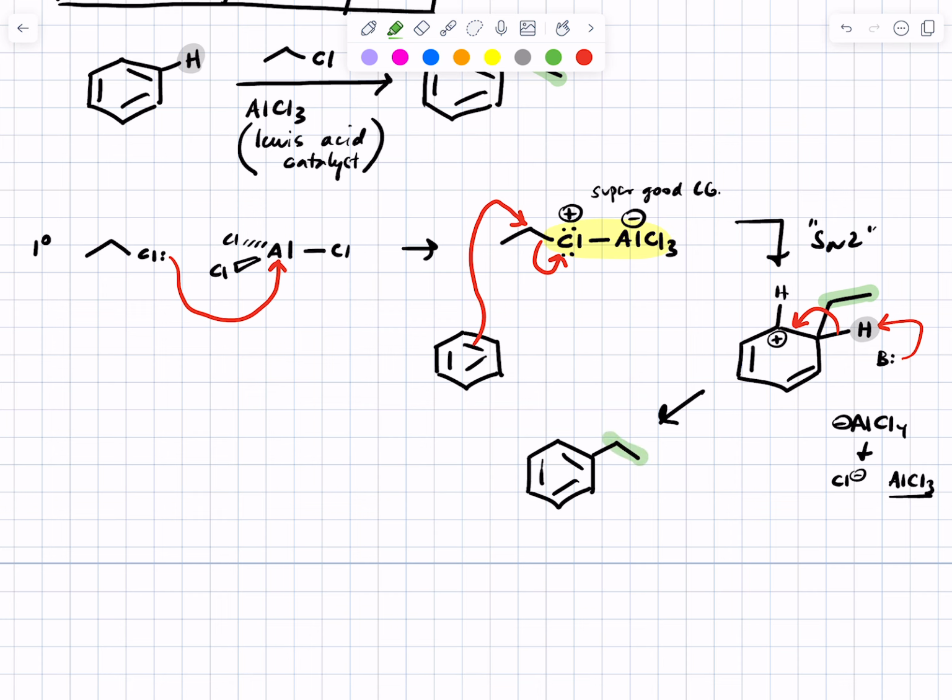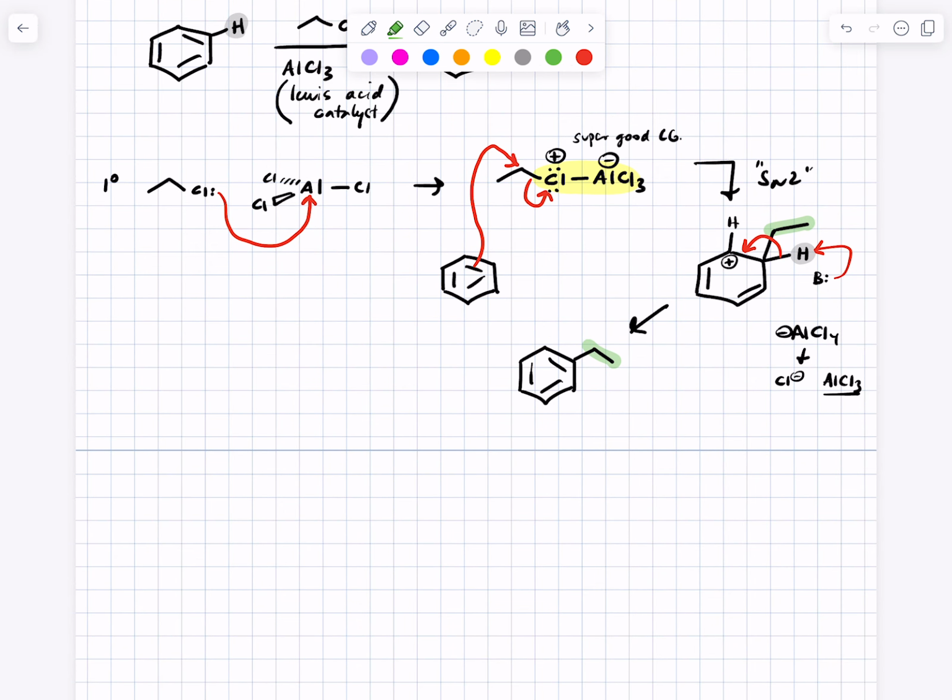Okay, so that's if it's a primary alkyl halide. What people have observed in this reaction is that if you use a secondary alkyl halide or a tertiary alkyl halide, I'm just going to show you a secondary one for this particular example, when you add the aluminum chloride catalyst, you generate the same kind of intermediate in which you've got a super good leaving group.